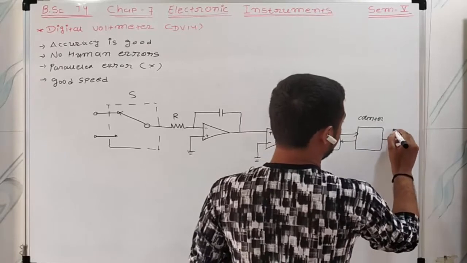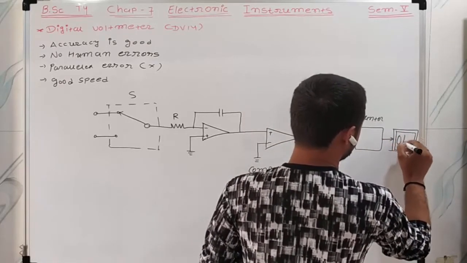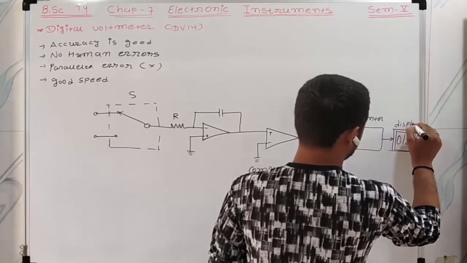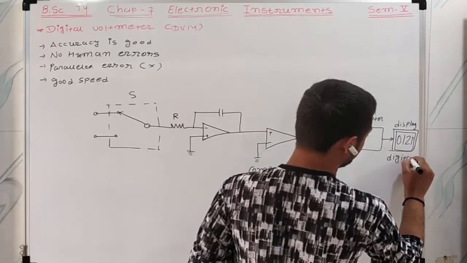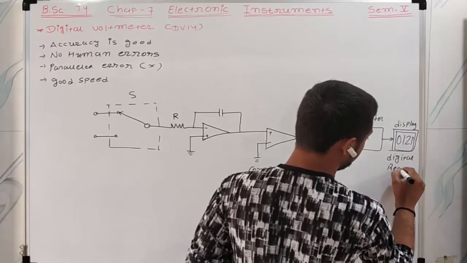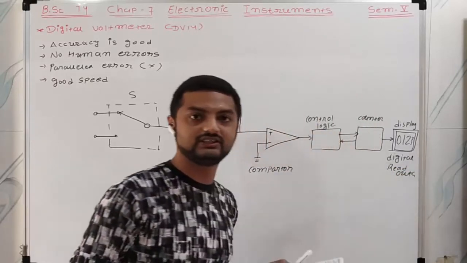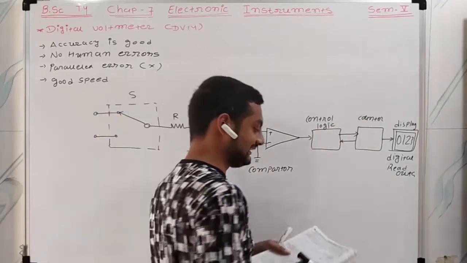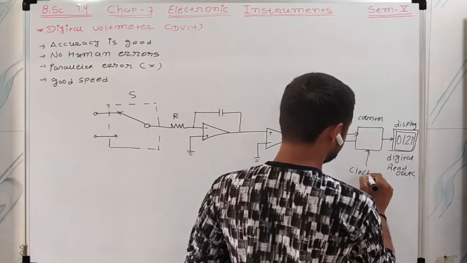And finally there is one display, or you can say digital readouts. I told you what is the basic difference between digital readouts and digital instruments, right, in last lecture. Here it is a clock pulse.